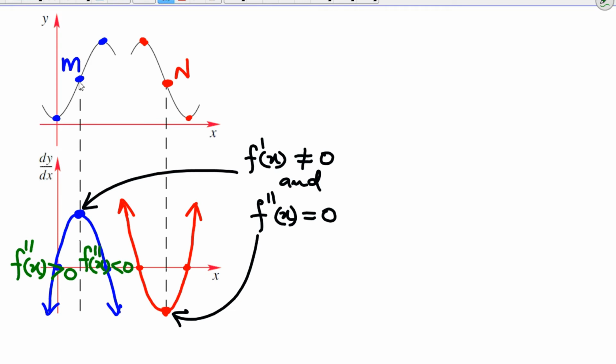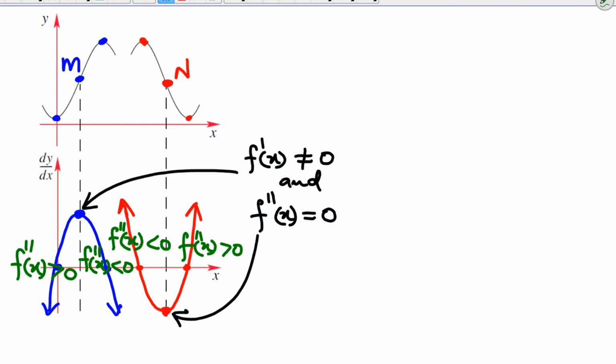How about in the next graph? Here we can see that again the slope of the slope here is less than 0, and here the slope of the slope is greater than 0. So there's a change in concavity on the left and on the right of points M and N.